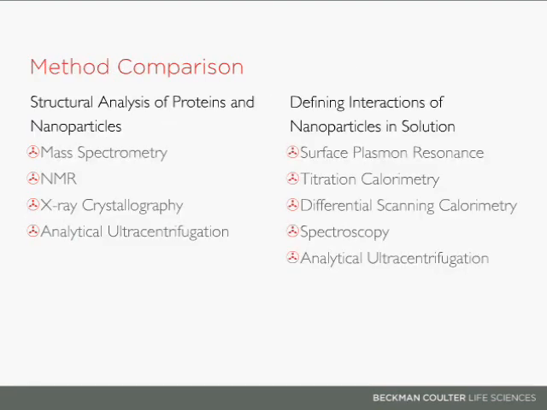So the value proposition with AUC, a technique that's actually been around for eight decades at this point, is that it's highly accurate, has very high resolution when resolving multimodal peaks. It's statistically significant because it's looking at all the particles in solution. It's not just counting a few hundred or a few thousand and extrapolating out the data. And it does look at the particles in their natural state.